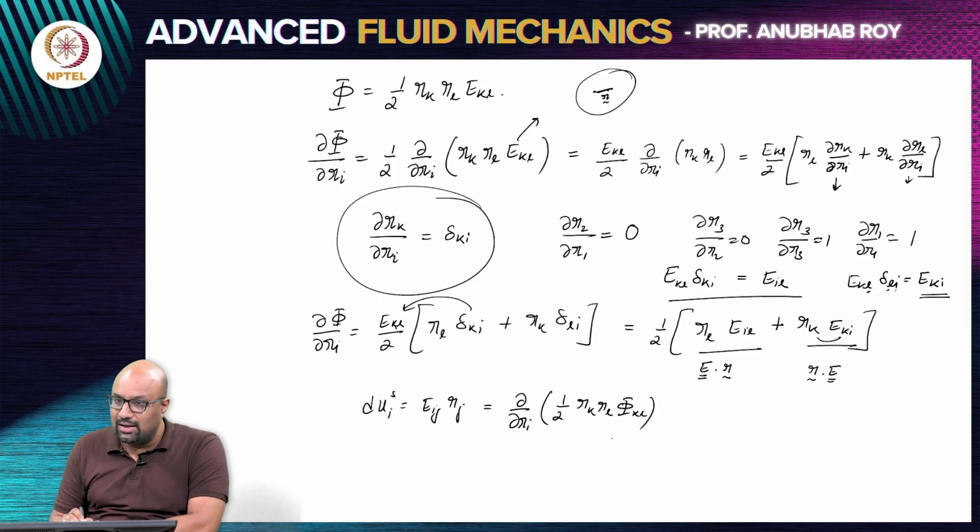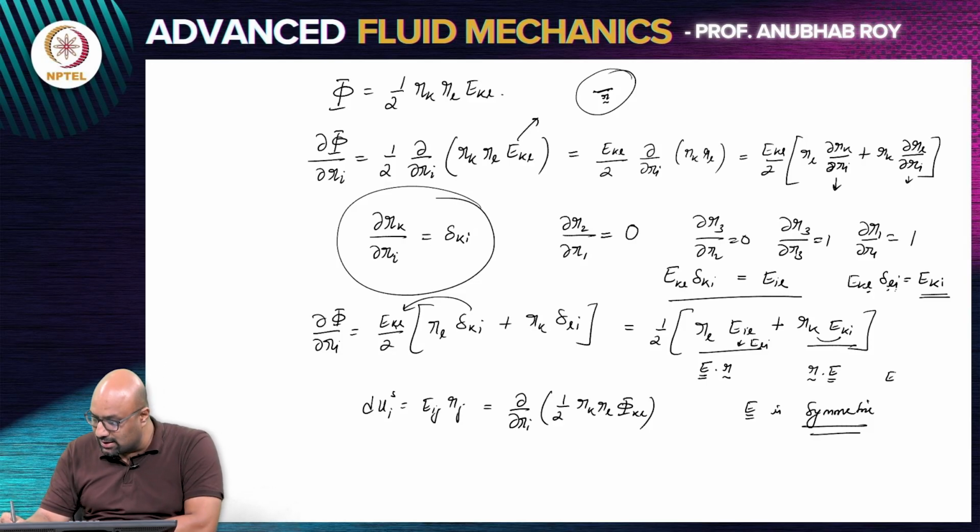Now, you see that E has a property. The rate of strain tensor is symmetric. That is the premise with which we started off, which means E_il is the same as E_li, which means for a symmetric tensor, E dot R is going to be the same as R dot E, or E_il R_l is going to be the same as E_li R_l.